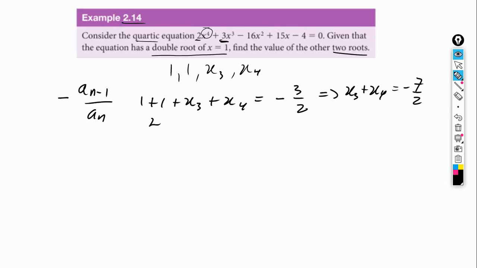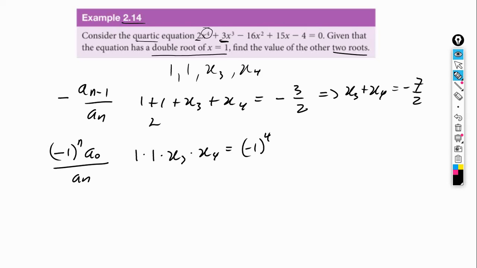-7/2. Okay, then we also know that the product of the roots is equal to -1 to the n, which is the degree of the polynomial, times the last term divided by the coefficient of the first term. So that means, again, that 1 times 1 times x3 times x4 is going to equal -1 to the degree 4 times the last coefficient, which is -4, divided by the first, which is 2.